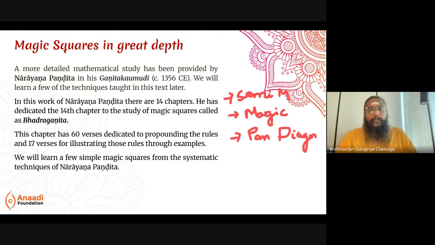Narayana Pandita will tell you a method, an algorithm, in which you can create an exhaustive list of 324 different magic squares. Very, very interesting concepts he gives. So the pan-diagonal magic square has been least well studied until the 20th century started, in 1906, 1908.